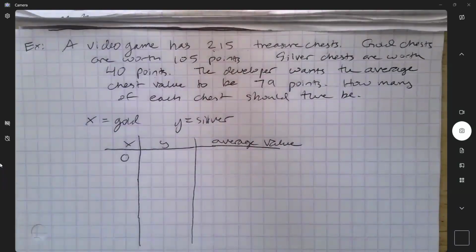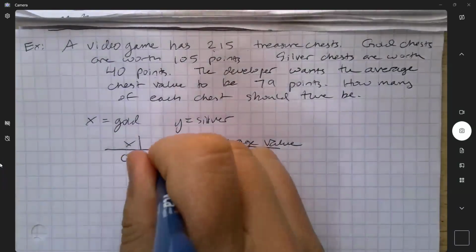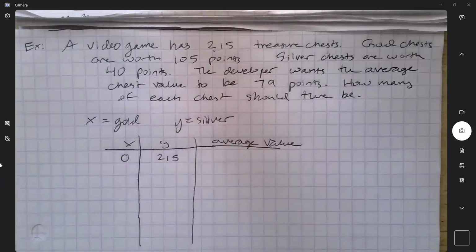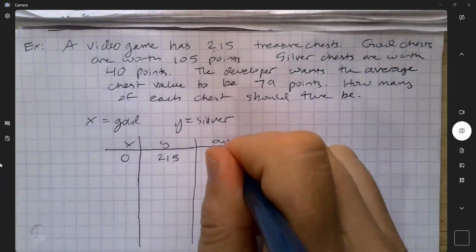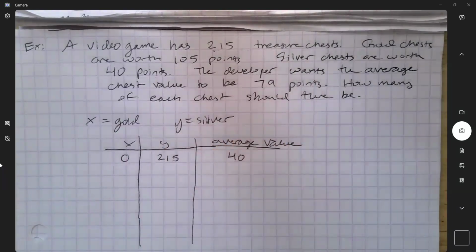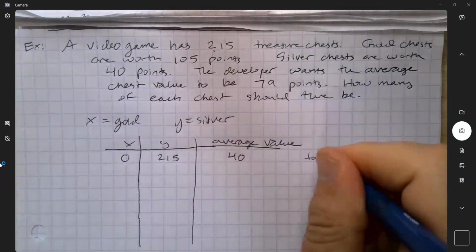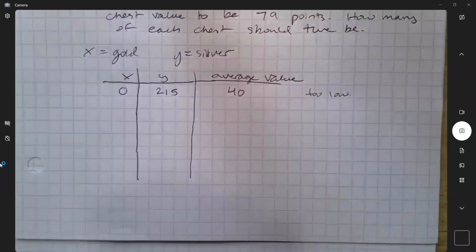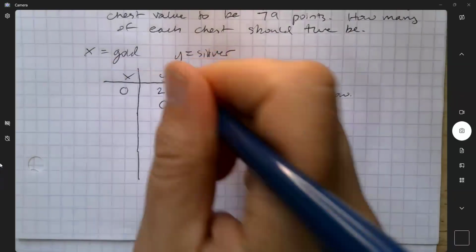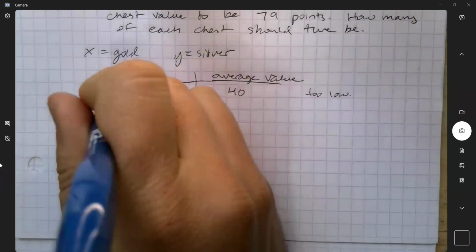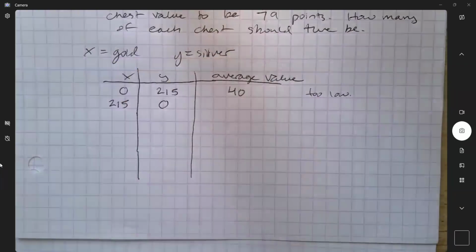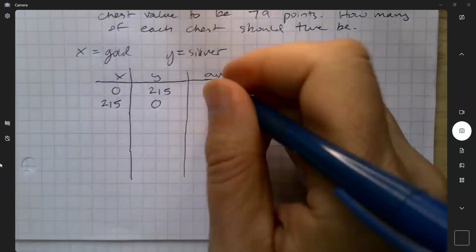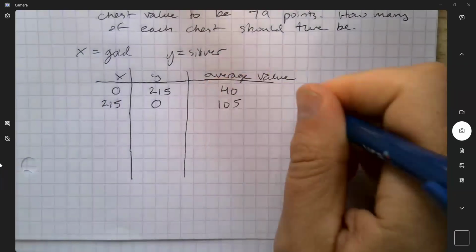Well, if you have 0 gold chests, then you must have 215 silver chests. But if they're all silver chests, then they have to be worth 40 points each. That's too low. So what if you had 0 silver chests? Then you would have 215 gold chests, but now the average chest value is too high.